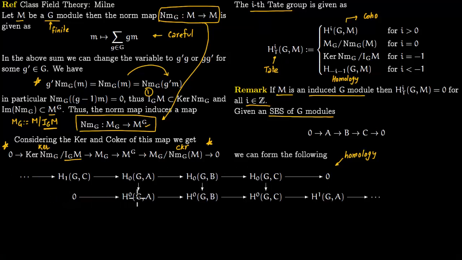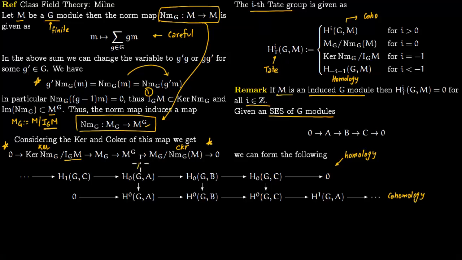The second sequence you can form is cohomology. You start from the 0th cohomology group, so A, B, C, then the first cohomology group, and so on. So you have these two sequences, and once you make them, you can form the maps here. Recall that the homology groups look like this.